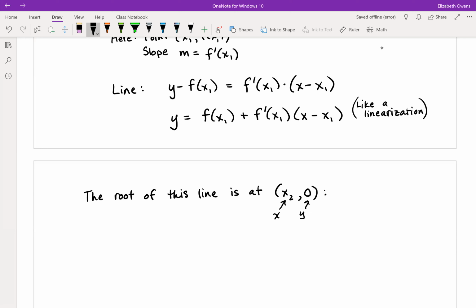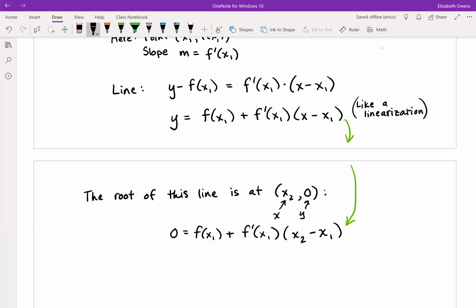So based on our line here, we would have 0 equals f of x1 plus f prime of x1 times x minus x1, which x in this case is the x2 point. So x2 minus x1. I'll make a little note that we were bringing this down to use.